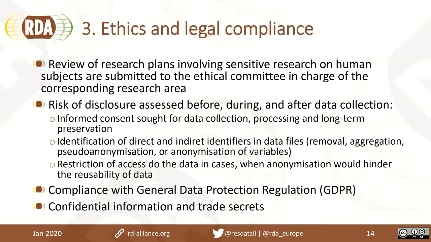When anonymization would hinder the usability of data, you can share the data in a repository or archive, but the data is accessible only on strict conditions. Usually, as in the example I mentioned before, the data by the European Statistical Office, there is this restriction of access: you have to prepare a proposal if you want to access their data.